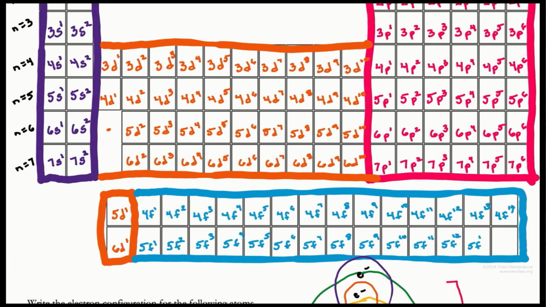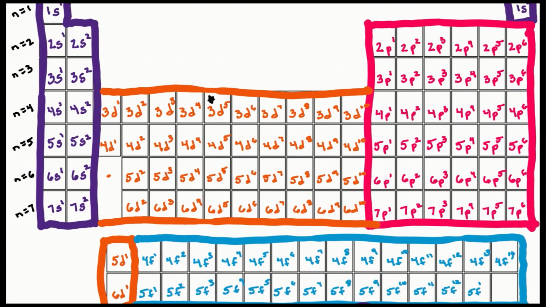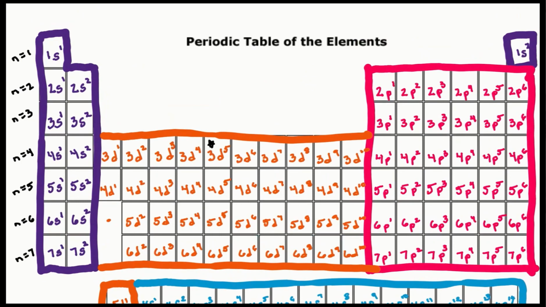So manganese is right here. So I'm going to read this out. I'm going to read it like a book again. So I'm going to start with 1s2, 2s2, 2p6, 3s2, 3p6, 4s2, and then 3d5.